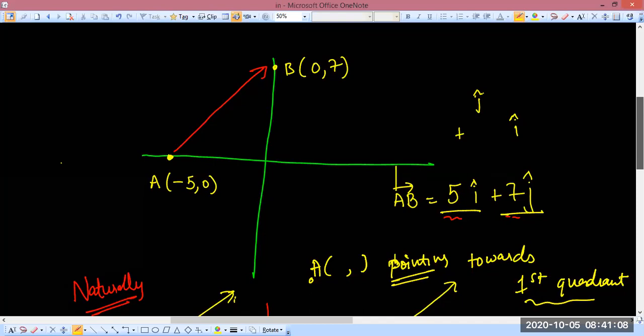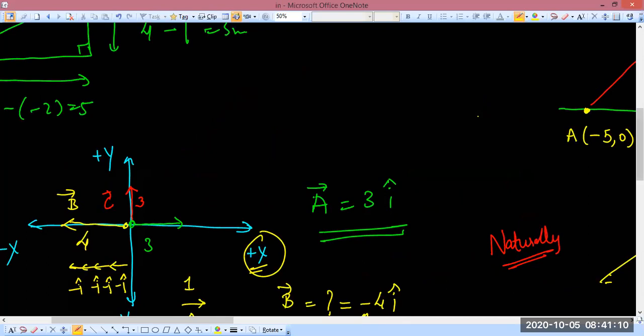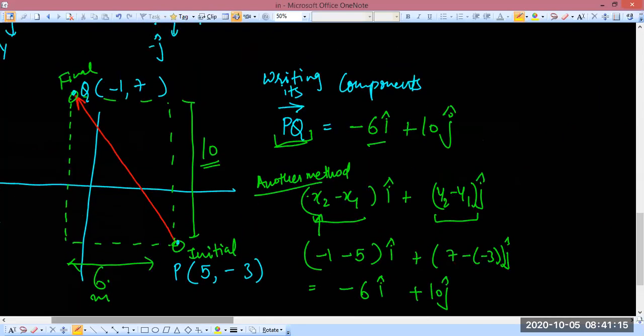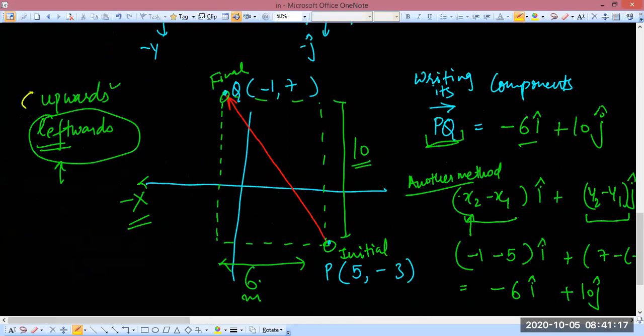Just like that, if you would revisit this one, have a look. This is pointing upward and left, correct? That means in the second quadrant. Agreed? This is pointing in the second quadrant. Clear? So that's why in the second quadrant x is negative, y is positive.